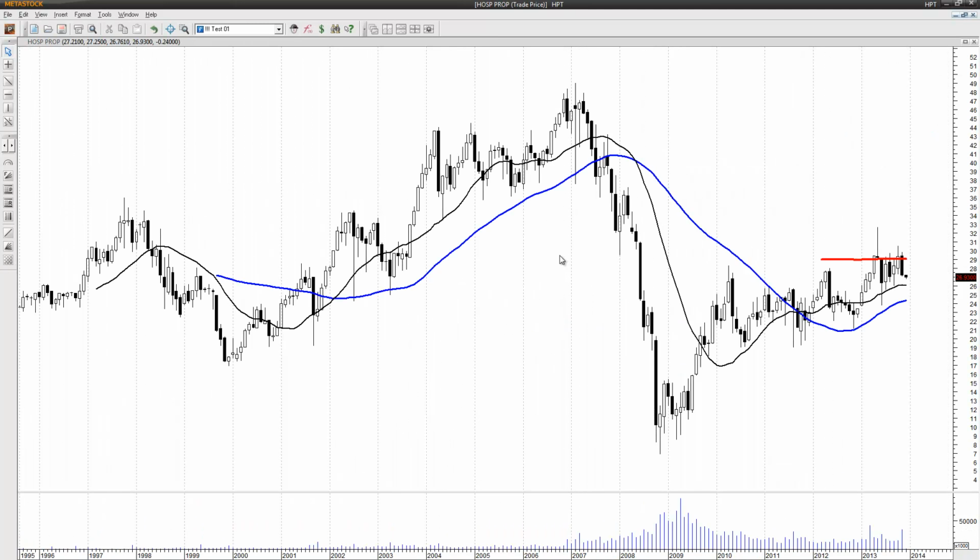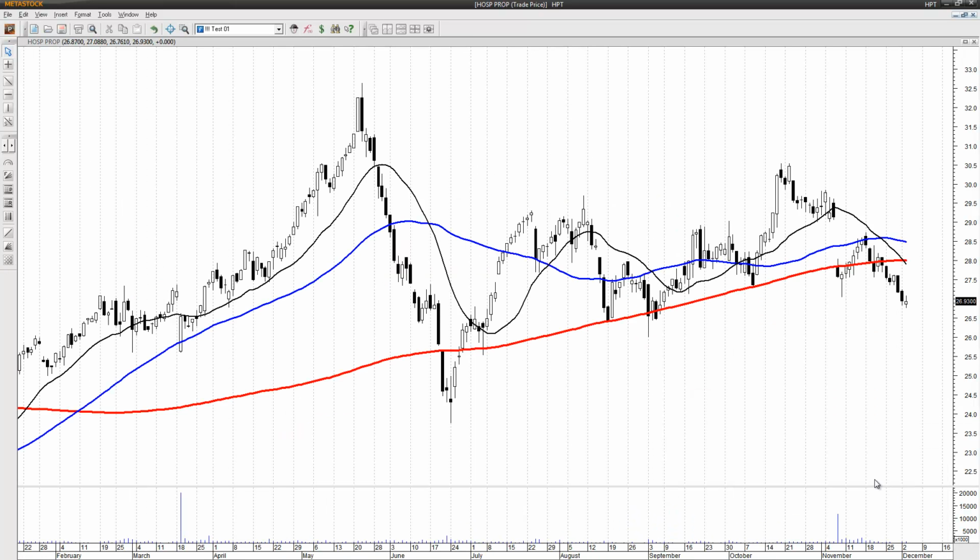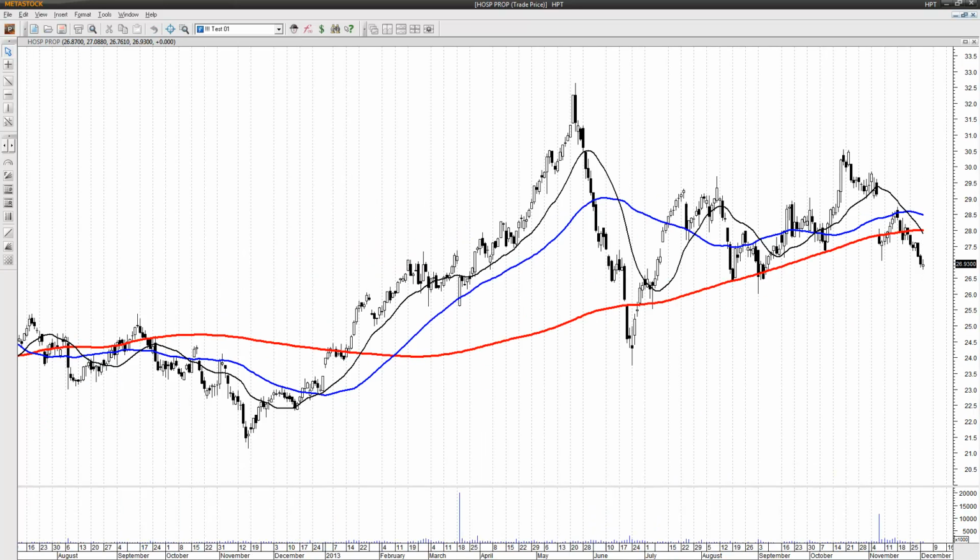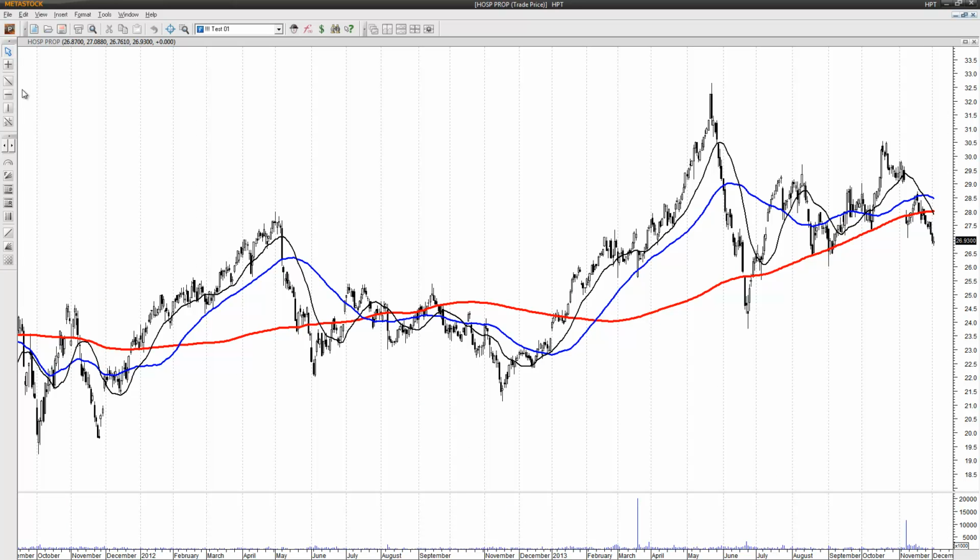Okay, next chart. This one is actually also a trend line. It's easy to see if you change to the daily data, because it's quite a small trend line.